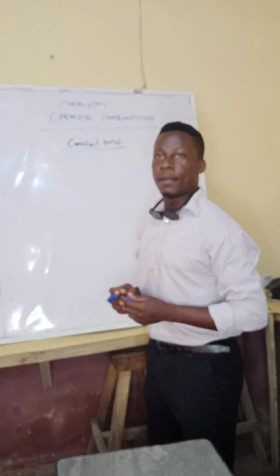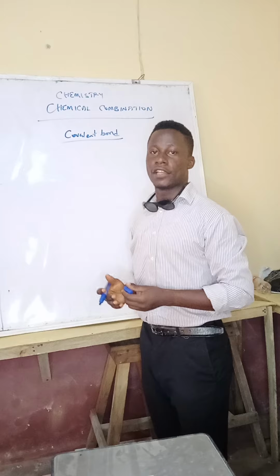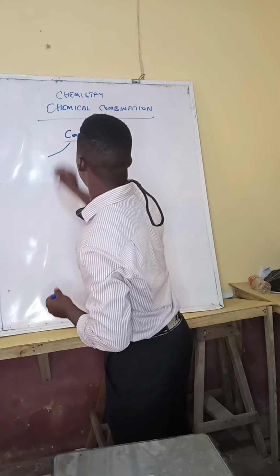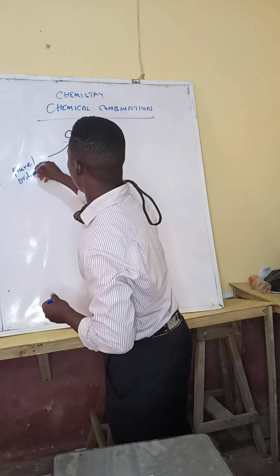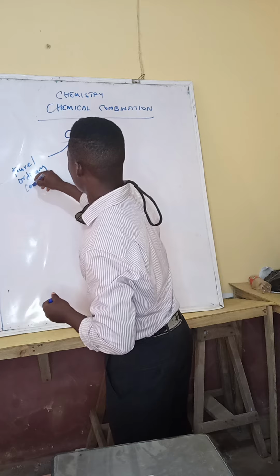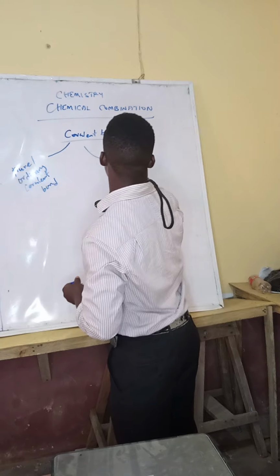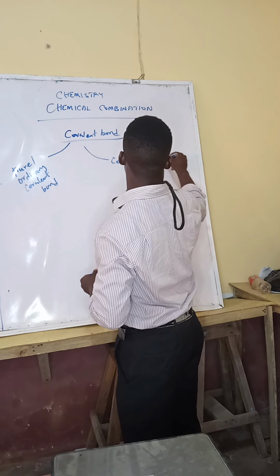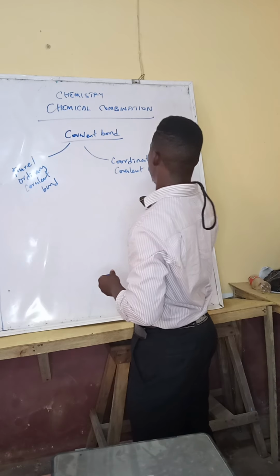Recall that covalent bond is formed as a result of sharing of electrons. And we said that we have two types of covalent bond. We have pure or ordinary covalent bond, and coordinate or dative covalent bond.